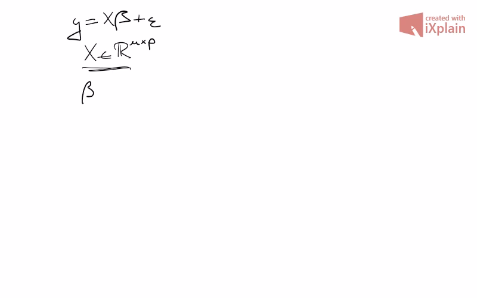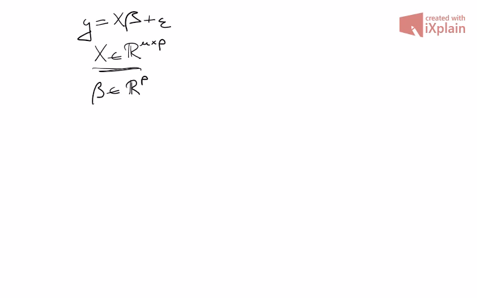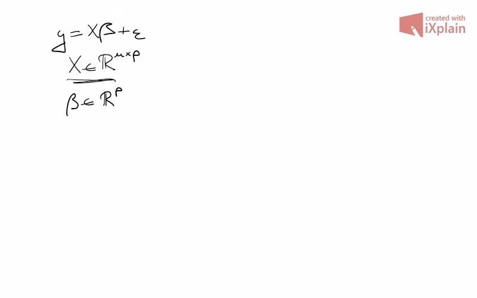Beta has N dimensions. N? N by something else. No, it has P rows, because you can only multiply two matrices if the inner dimensions agree. So that was this little formula.